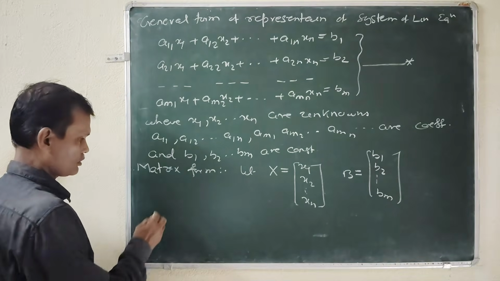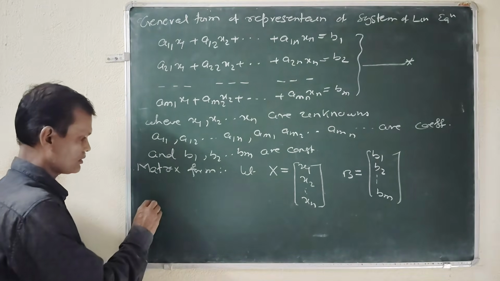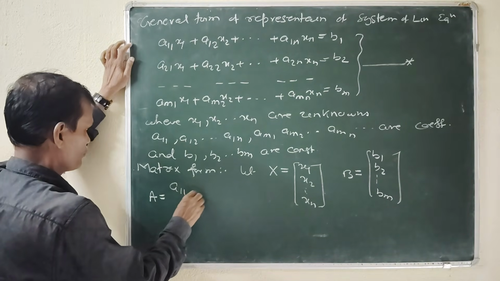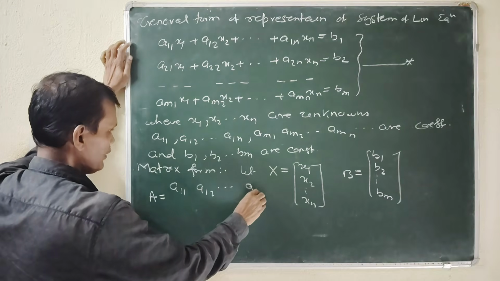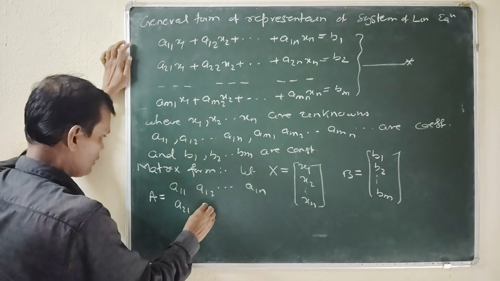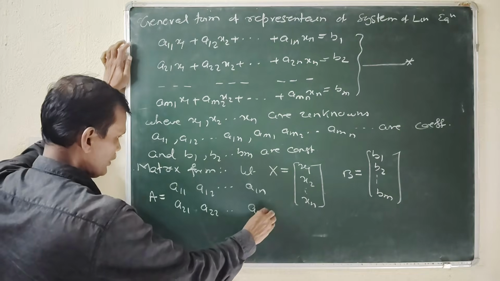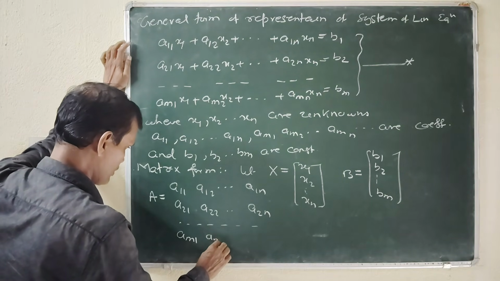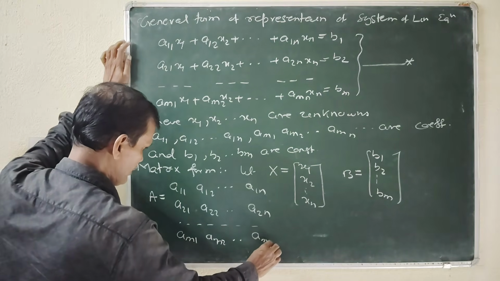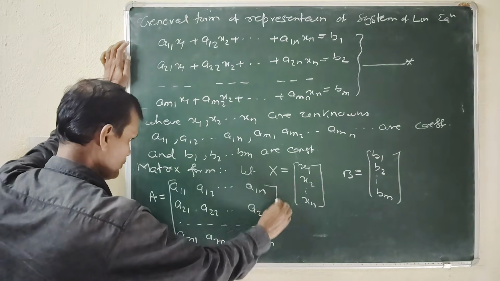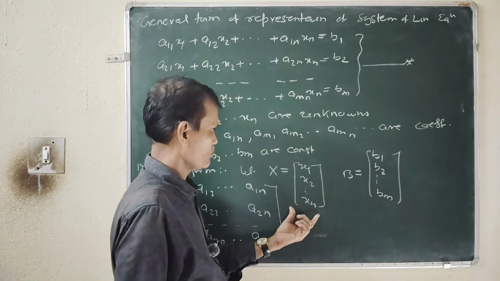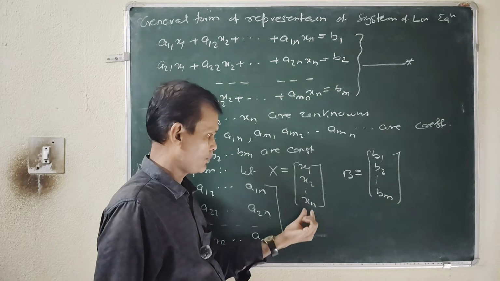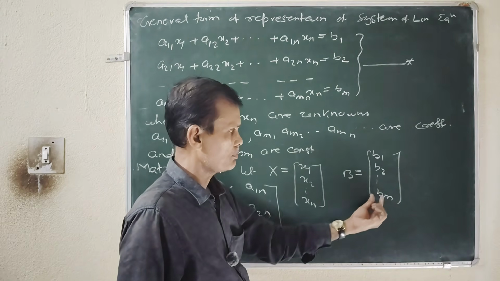After that we consider a coefficient matrix A, formed by a11, a12 up to a1n, a21, a22 up to a2n, and like this am1, am2 up to amn. This is the coefficient matrix. X is the column matrix x1, x2 up to xn, and B is a column matrix b1, b2 up to bm.